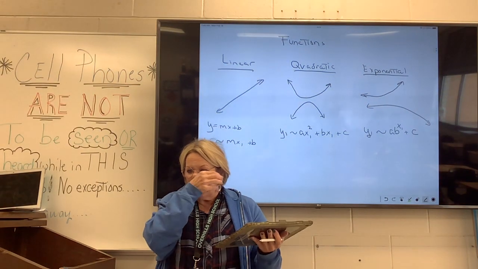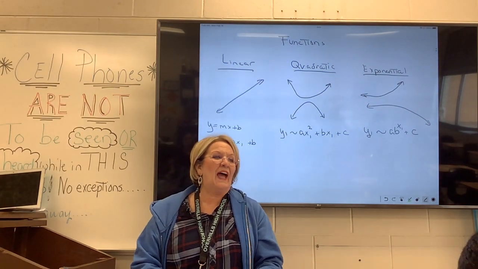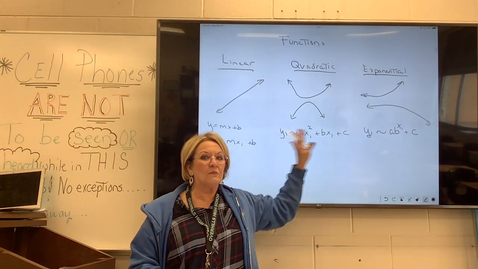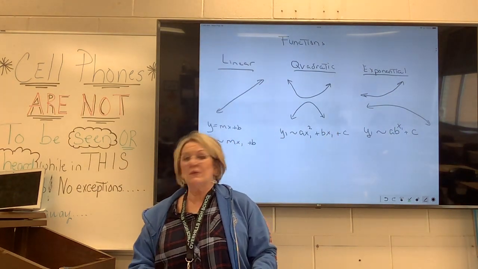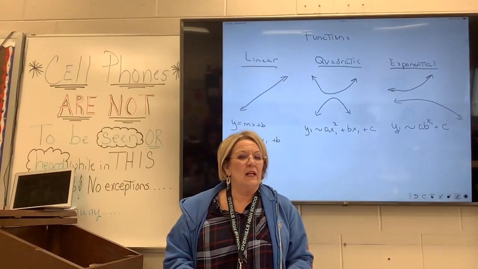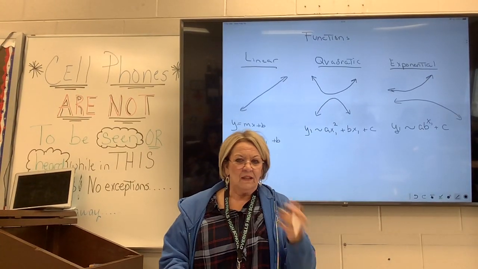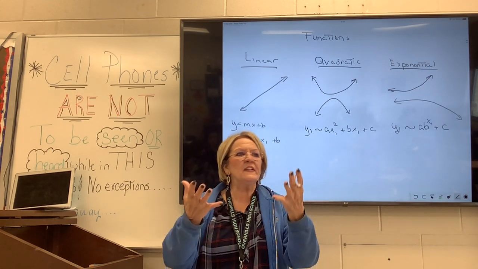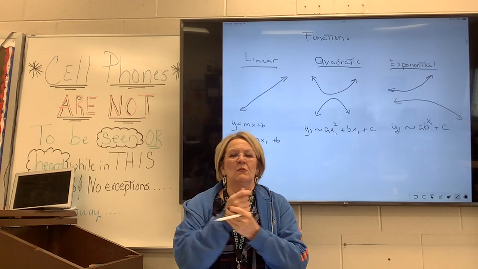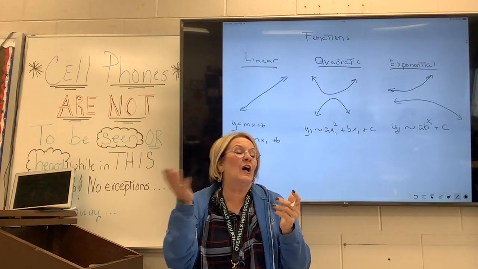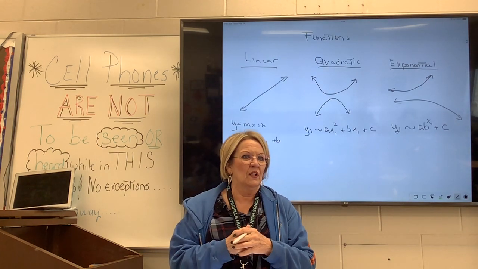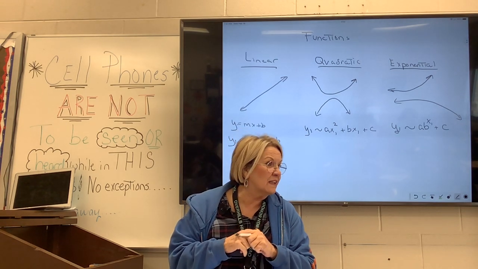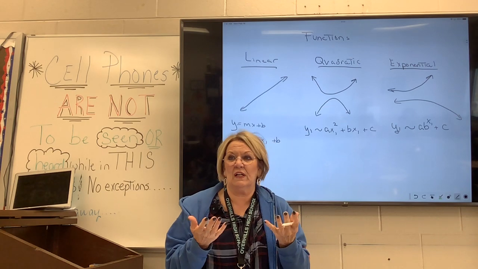Now, when we go into doing something with our data, as long as we know what it is, we're going to pick which one of these forms we're going to use. And we're going to be doing that in just a minute. When they give you a table of data and say, I need you to tell me what y is when x is 1,000, that would be impossible if you don't know what kind of data it is.